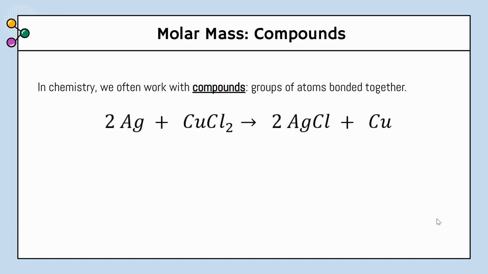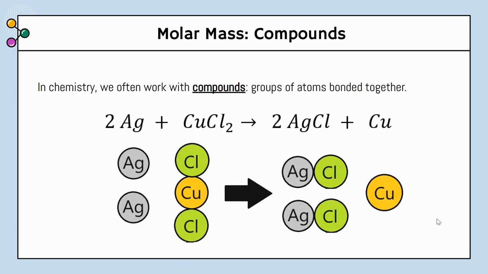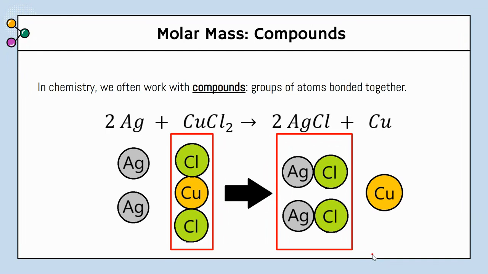For instance, if I showcase this example as atoms and groups of atoms, I can see I have 2 compounds here. Copper(II) chloride on the left, and on my product side, silver chloride. We have these combinations of atoms. We're going to focus on how to calculate molar mass of compounds on the next slide.